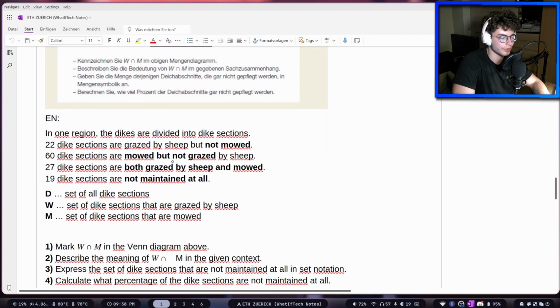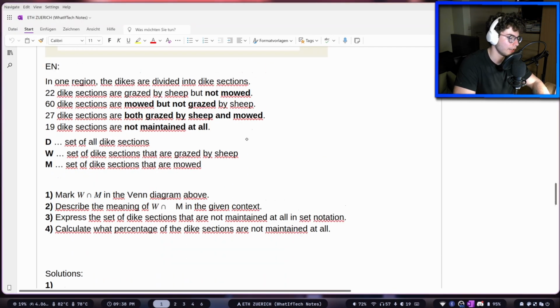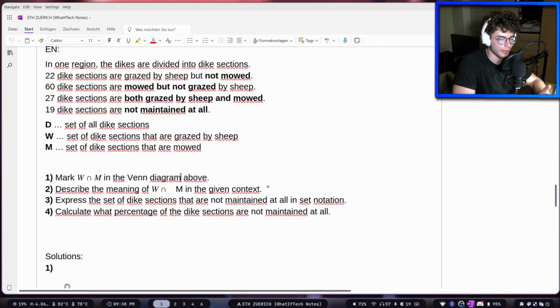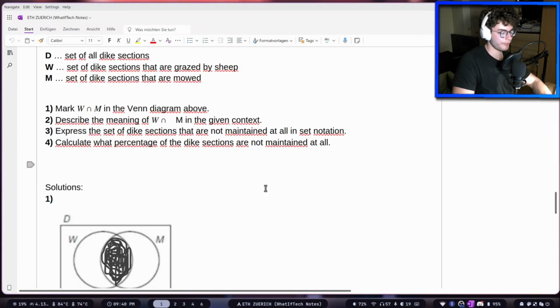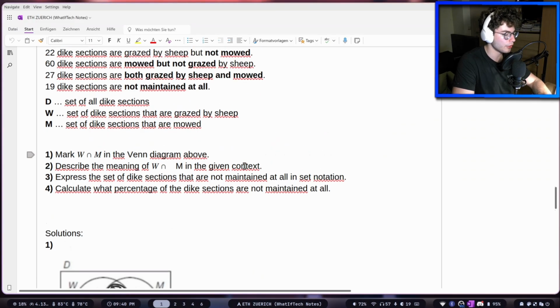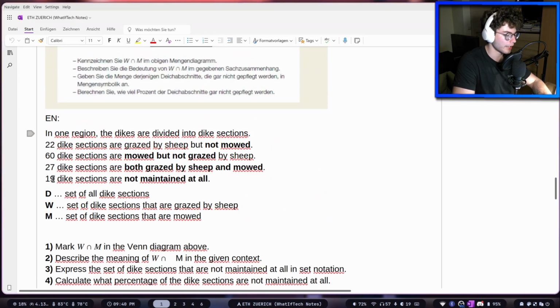In set notation, D backslash W and the U for union join and M. The last task of this exercise is task 4. Calculate what percentage of the disections are not maintained at all, which means we have the 19 disections that are not maintained.